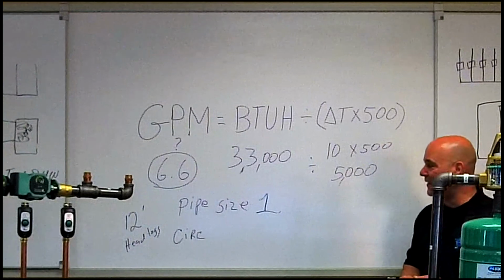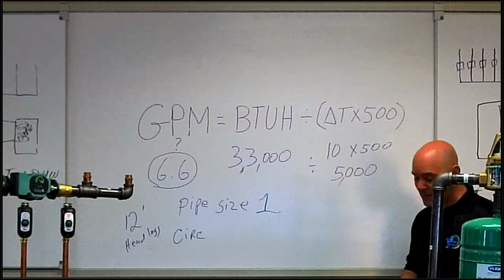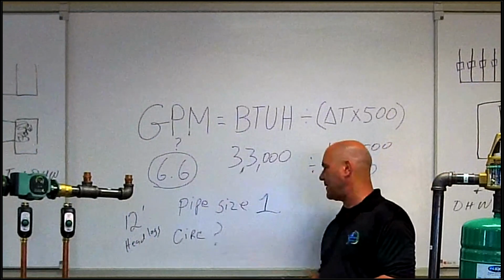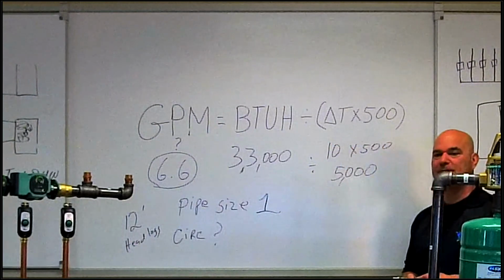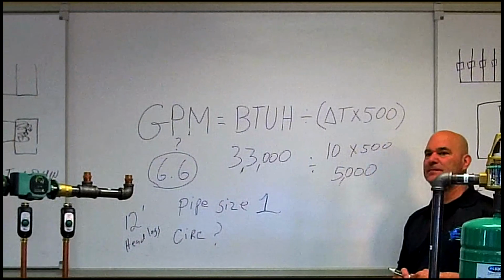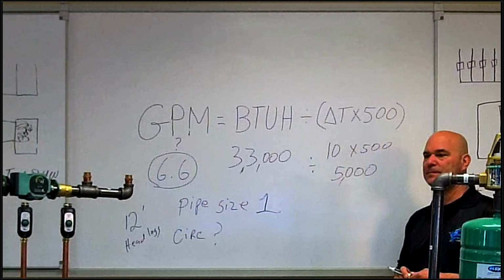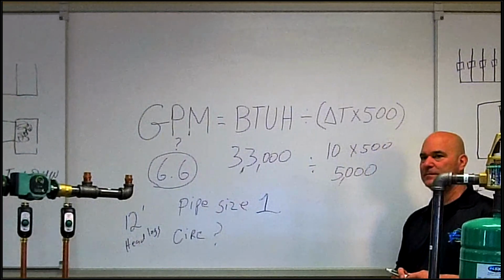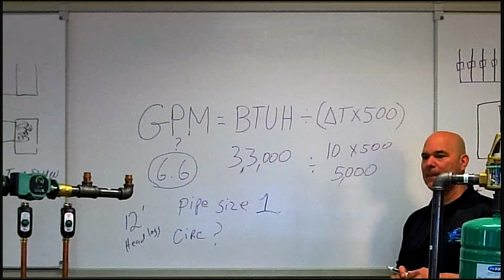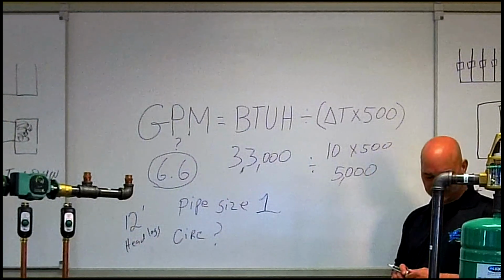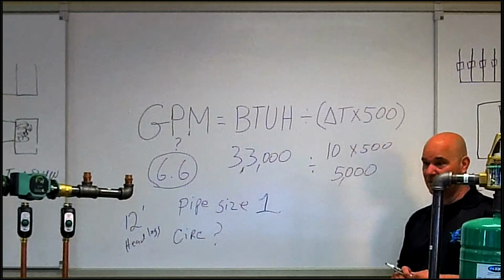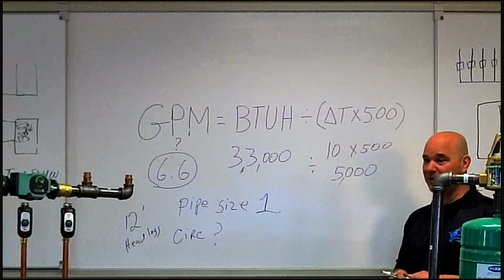One-inch pipe, 12 feet of head, 6.6 gallons per minute. What is that? Sorry, I think everybody just jumped off.